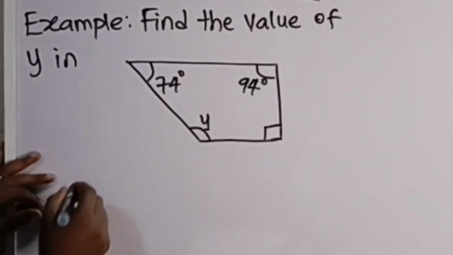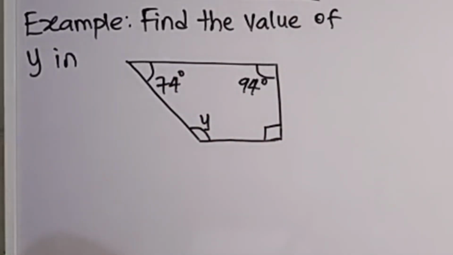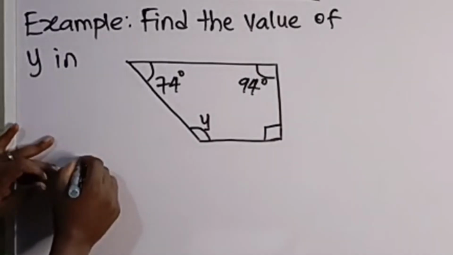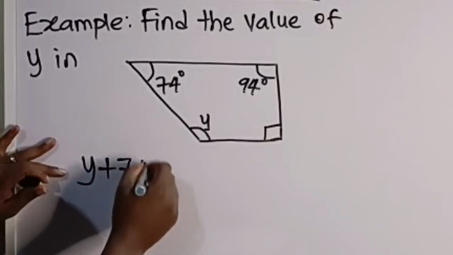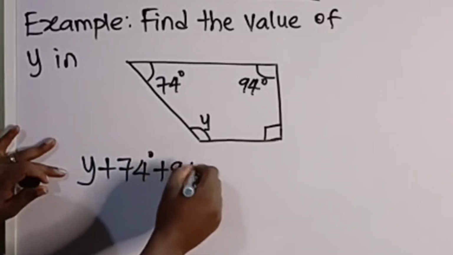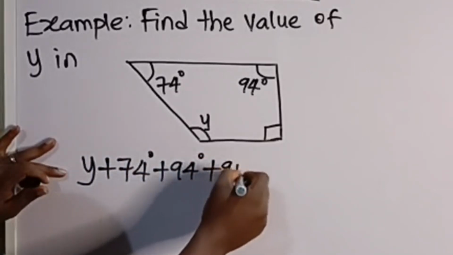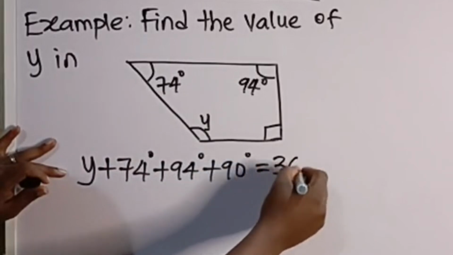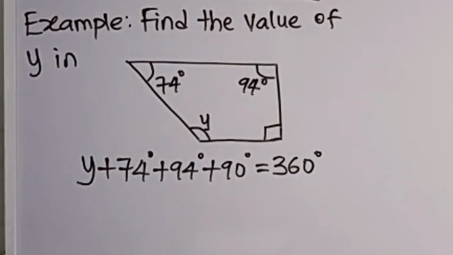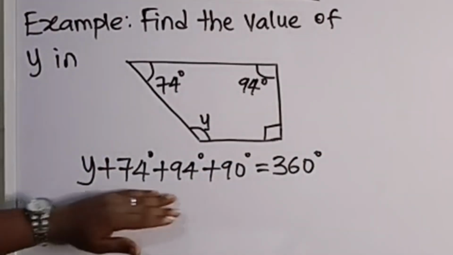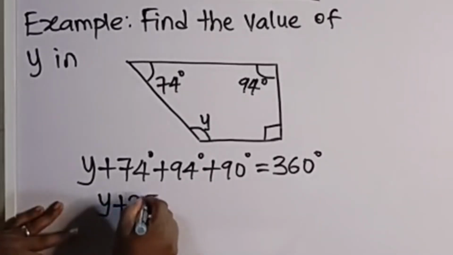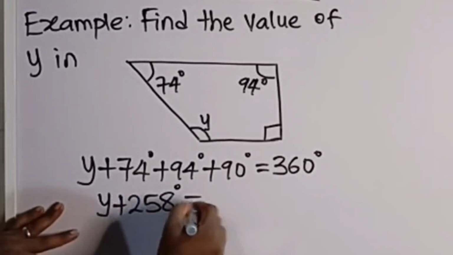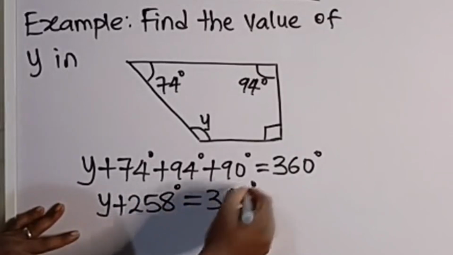So using the sum of angles in a quadrilateral, we have y plus 74 degrees plus 94 degrees plus 90 degrees is equal to 360 degrees. When you add these three angles, what do you have? y plus 258 degrees is equal to 360 degrees.